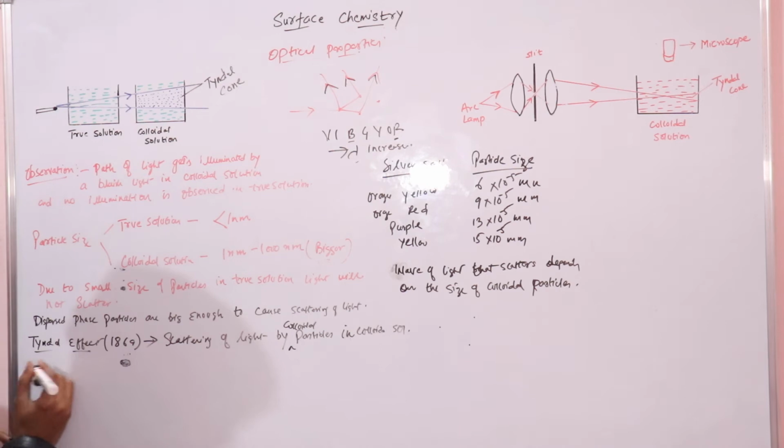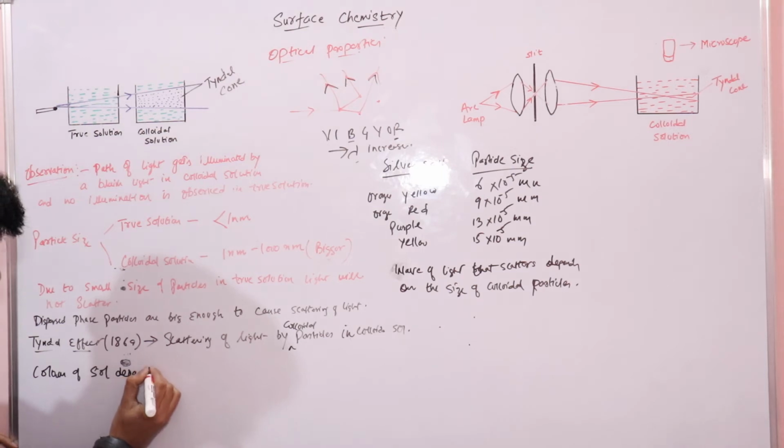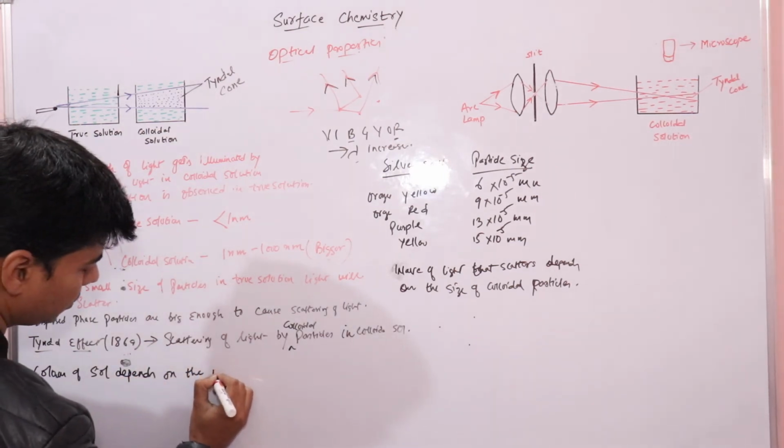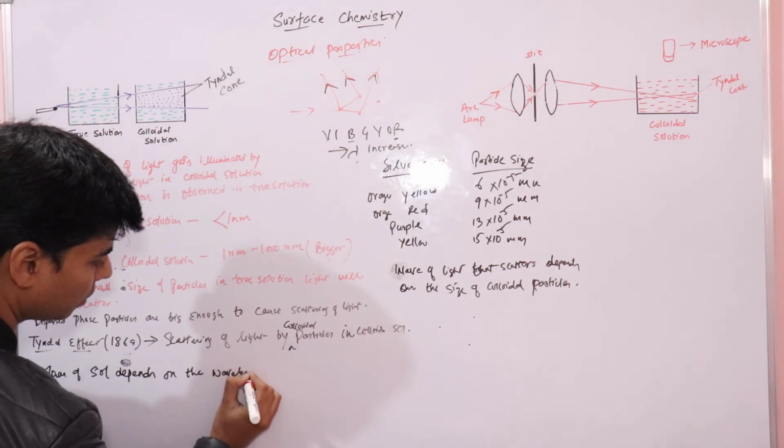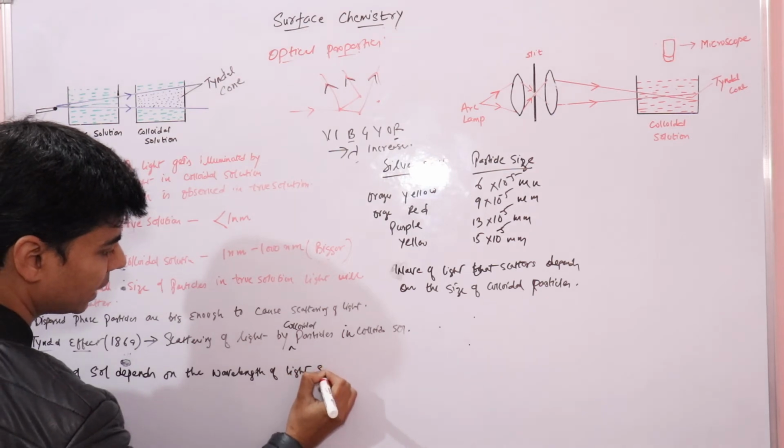So I'll just note it down here that the color of sol, that is colloidal solution, depends on the wavelength of light scattered.